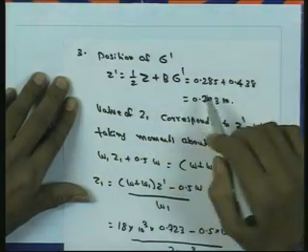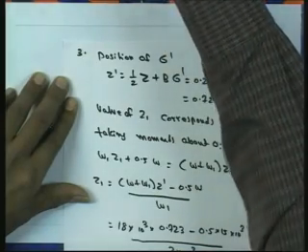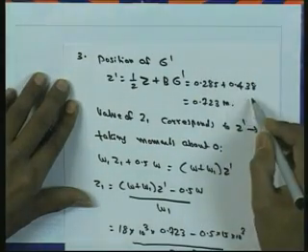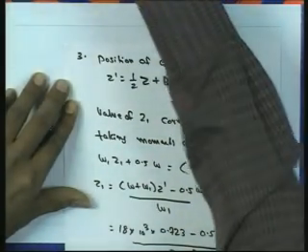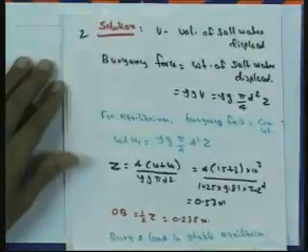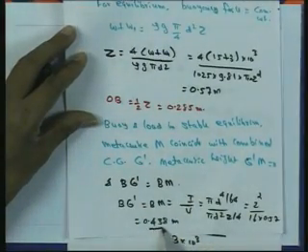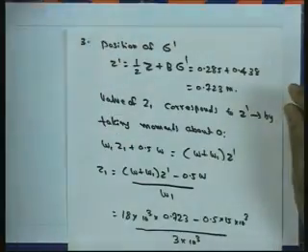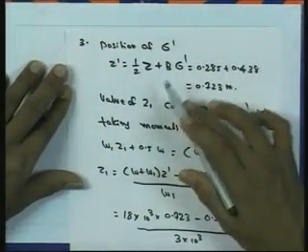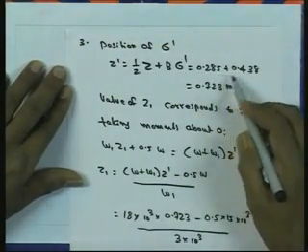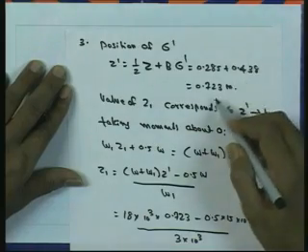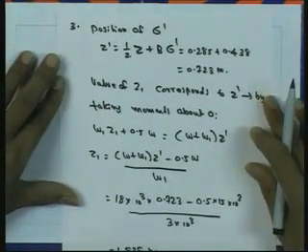Half Z, as we have already determined, is 0.285 meter, plus BG dash, which we determined as 0.438 meter. So finally, the position of G dash, Z dash, is 0.285 plus 0.438, which is 0.723 meter.